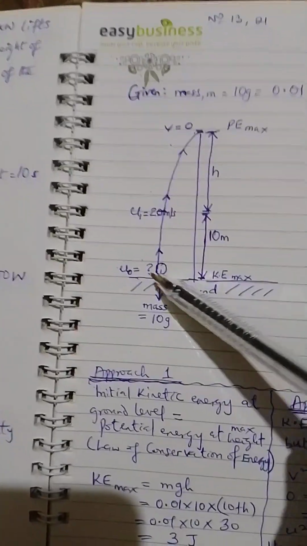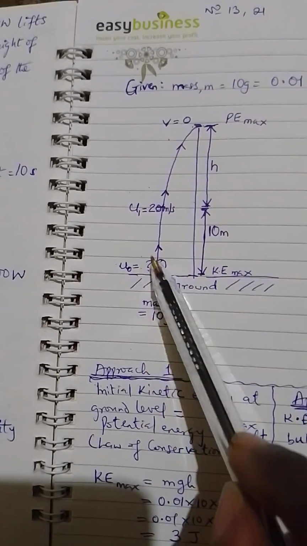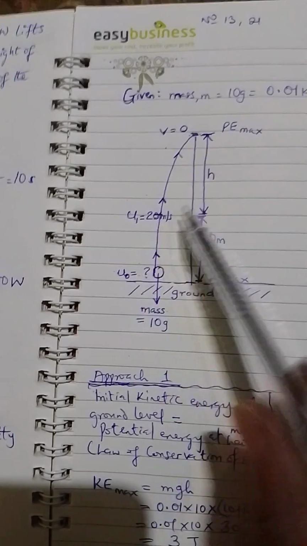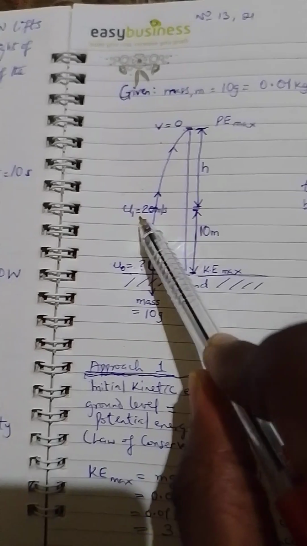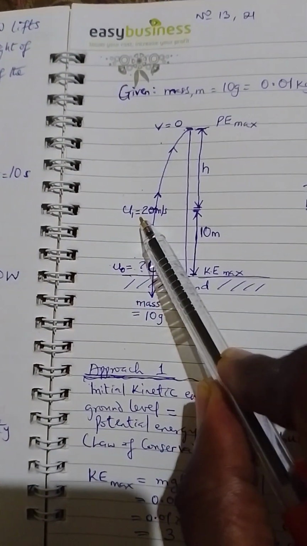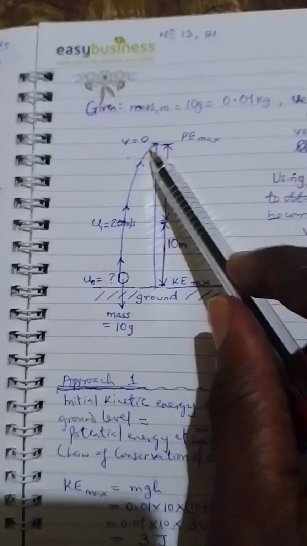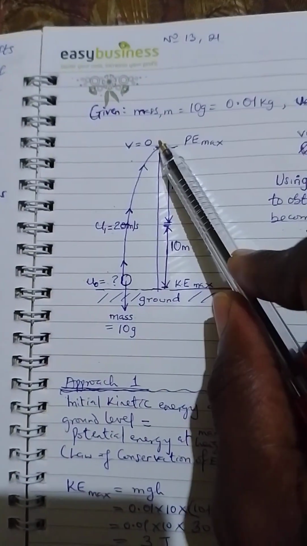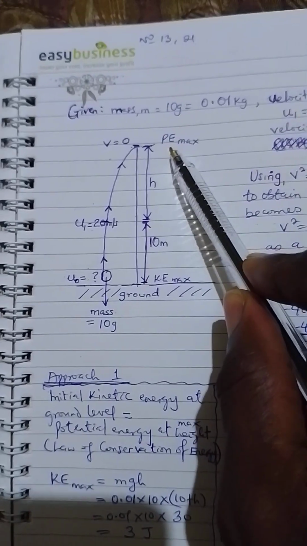We don't know what the initial velocity is, so I'm using u naught, putting a question mark. But by the time it has covered the height of 10 meters, its velocity is given as 20 meters per second. Of course, we know that once you get to the maximum height, just like in the previous question, the velocity will be 0. At this maximum height it has maximum potential energy.